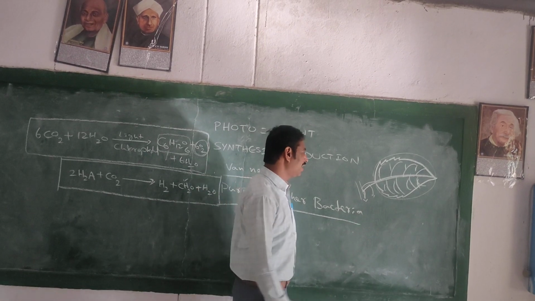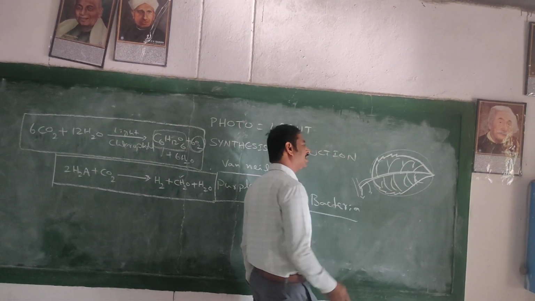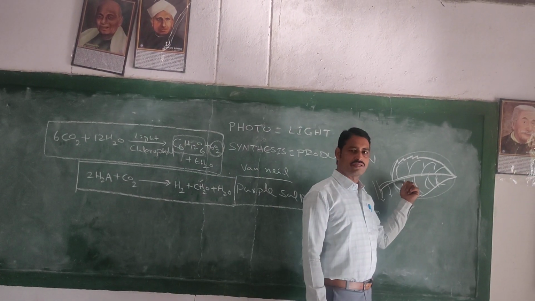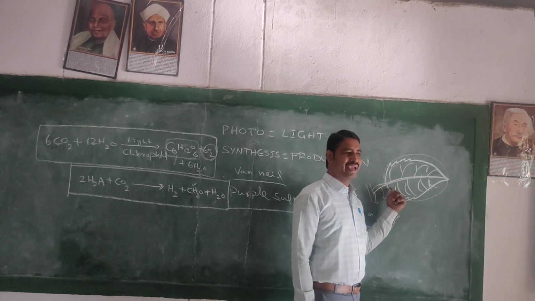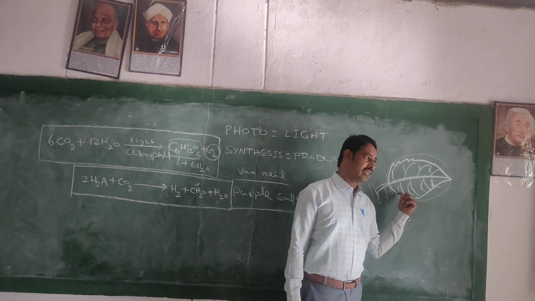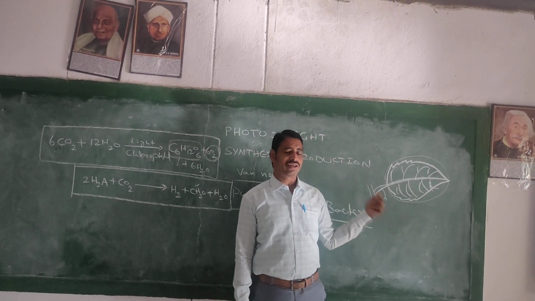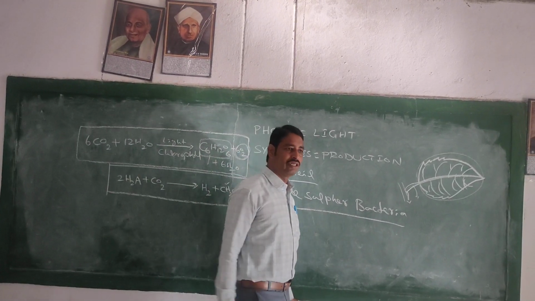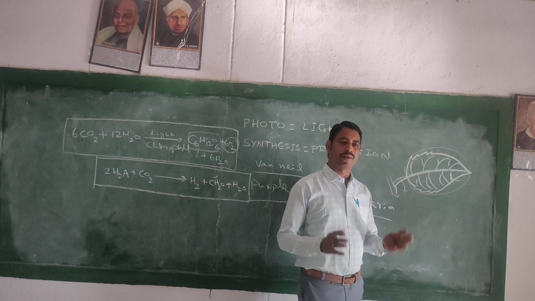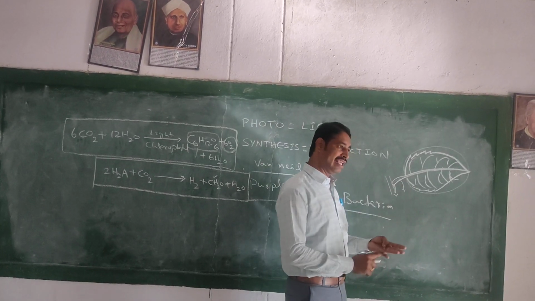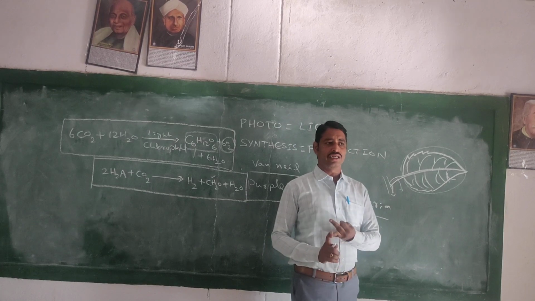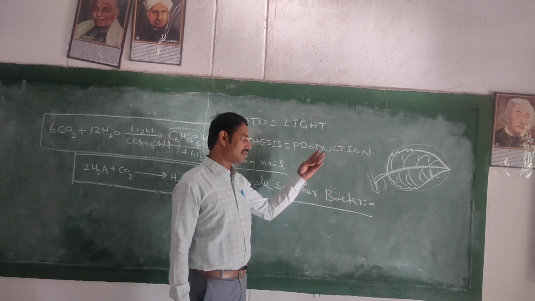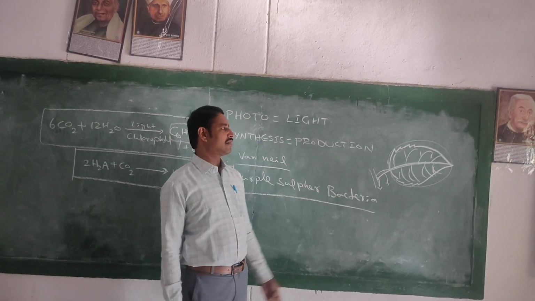Xylem and phloem are located there, and veins are connected to the mesophyll tissue inside the leaf for photosynthesis. Actually, all green parts of the plant can perform photosynthesis, not only leaves but also stems and fruits, because chloroplast is present in all green parts.